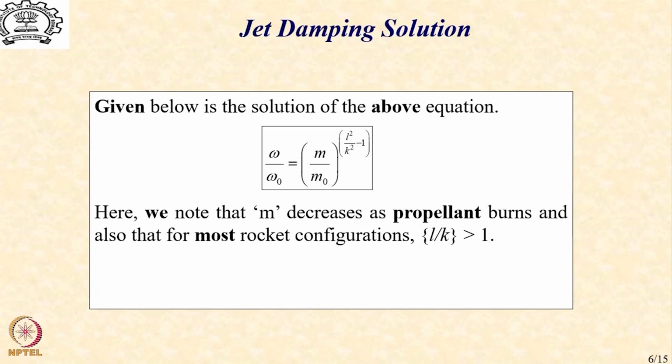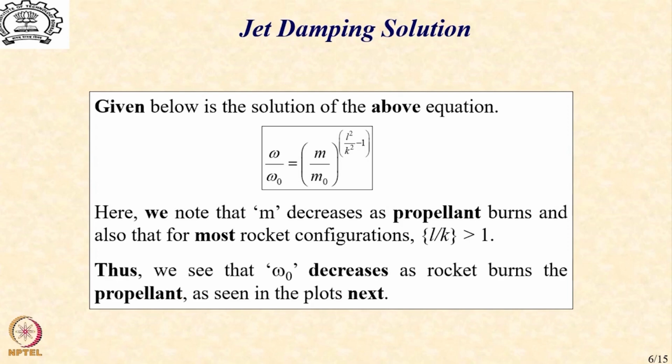Further, we find that for most practical rocket configurations, L by K is a quantity which is always greater than 1, which obviously indicates that as m by m naught decreases with time, as L square by k square minus 1 is a positive real number, omega by omega naught will also continue to decrease as mass decreases.